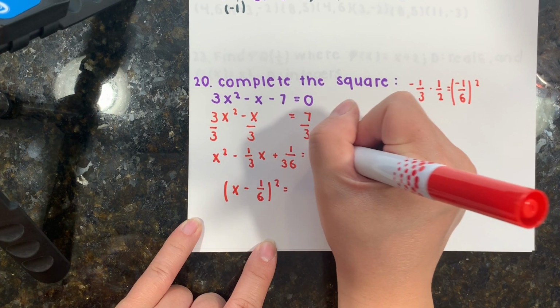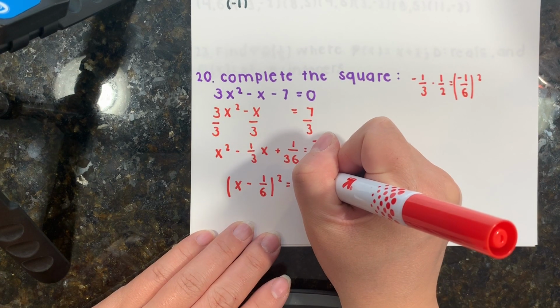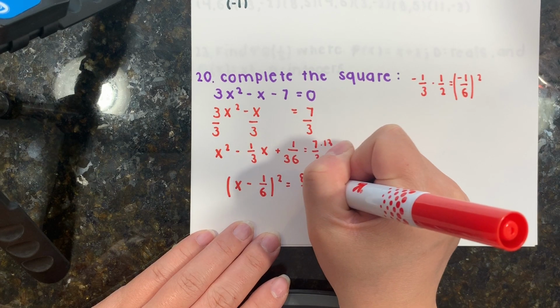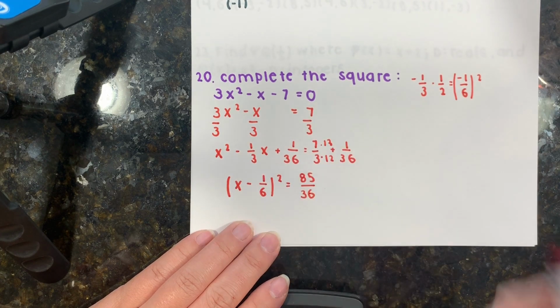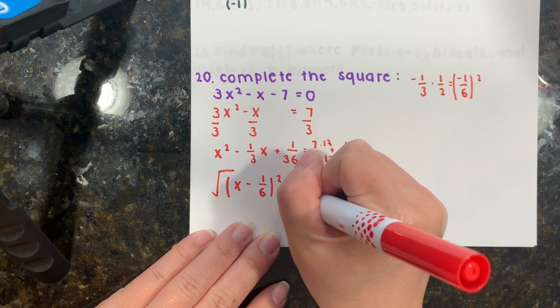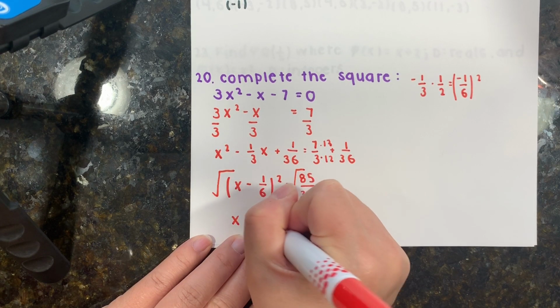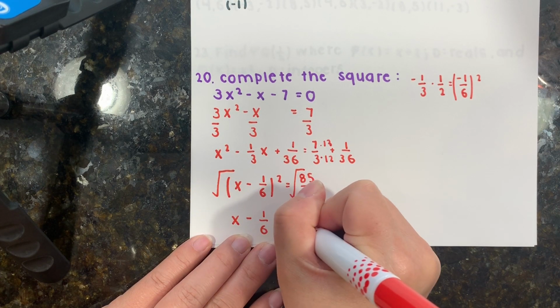The common denominator is going to be 36, so I need to multiply top and bottom by 12. So 12 times 7 is going to give me 84, plus 1 would give me 85. And then I need to take the square root of both sides, remembering that I need to put the plus or minus in front of the square root.